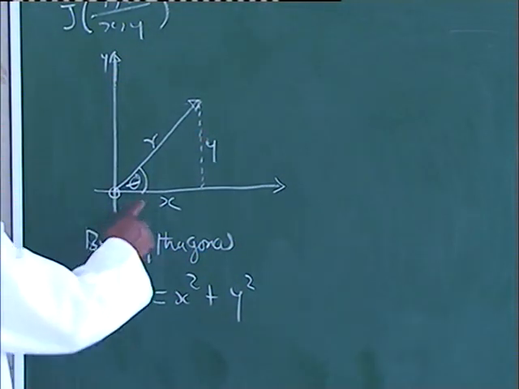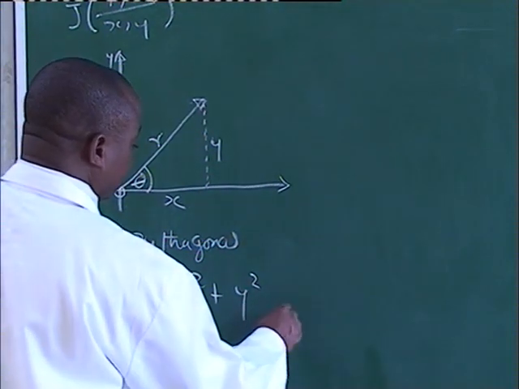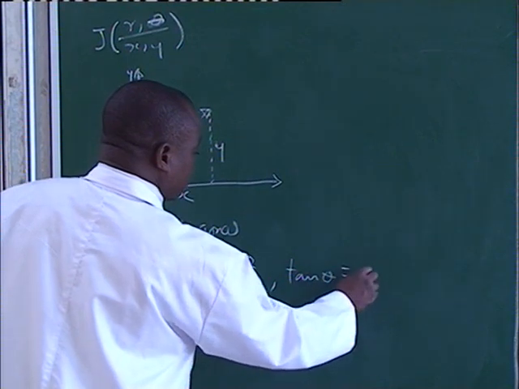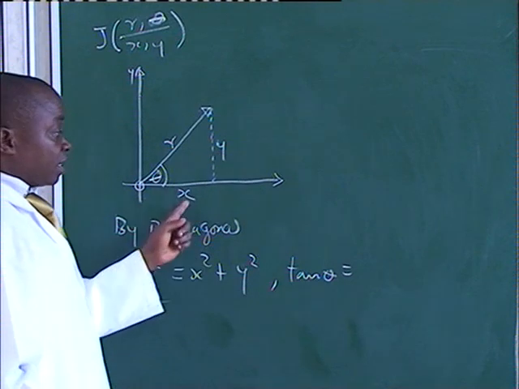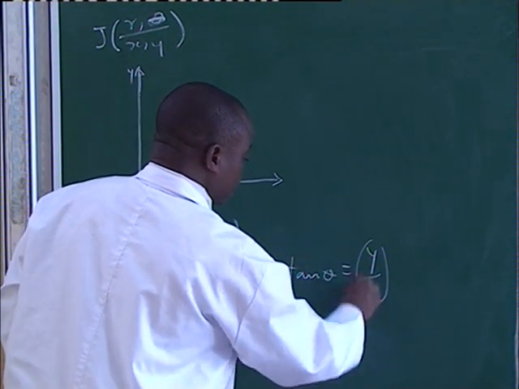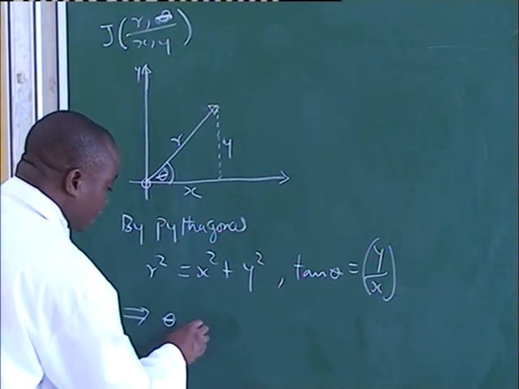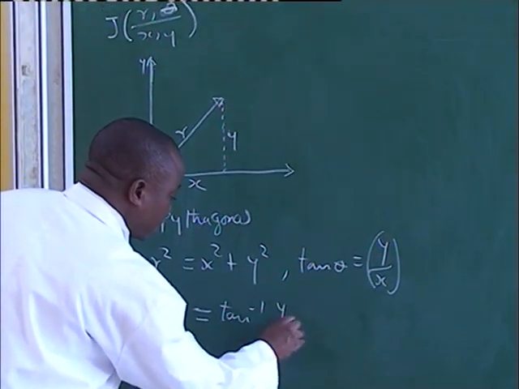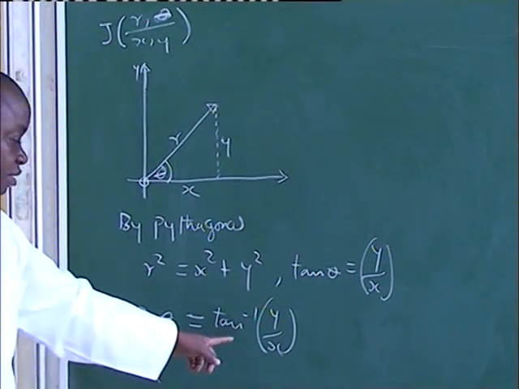If we have that, we can also express theta. Tan theta is equal to opposite over adjacent, which is y over x. So that implies that theta is equal to tan inverse of y over x. So that is theta.